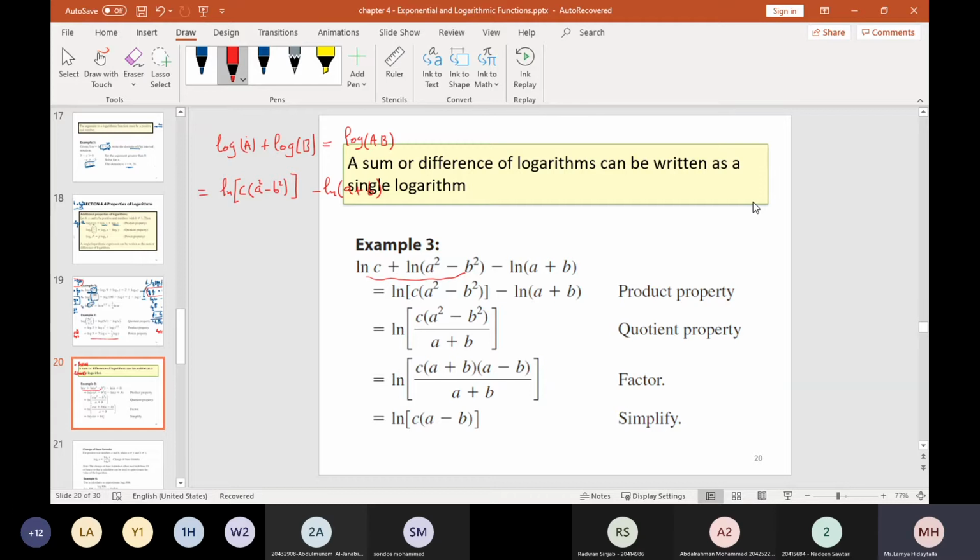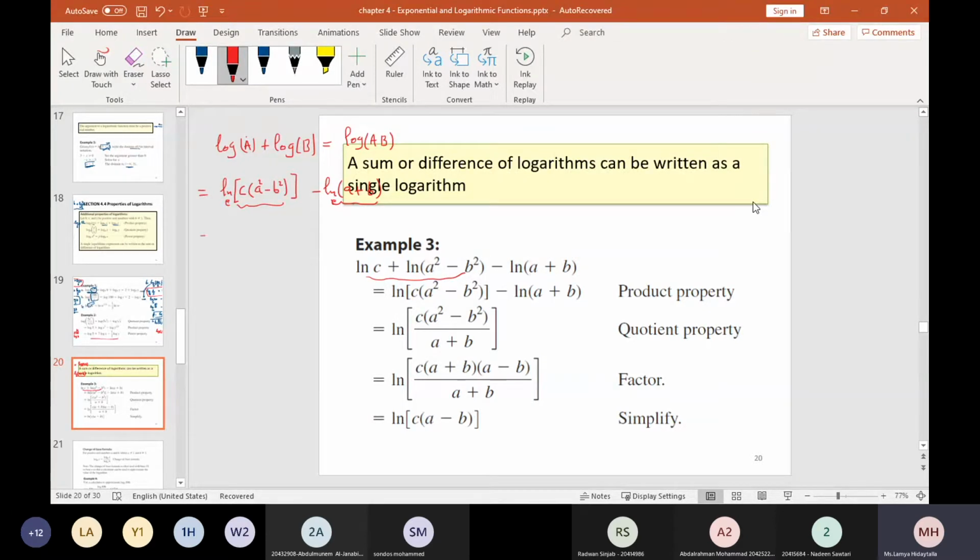Now ln this minus ln that, of course they must have the same base. The base matters, I cannot apply the rule if one is, for example, base 2 and one is base 10, and so on. But ln means base e, so it is okay, I can apply the rule. We have ln minus ln, so it is going to be a division, correct?